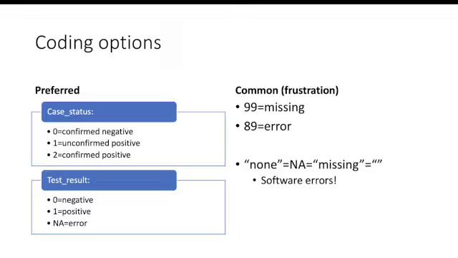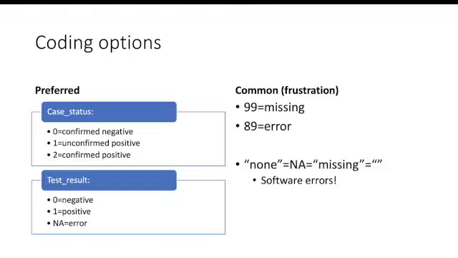Frustrating thing for me, in some software, it is considered normal that 99 or 900 indicates a missing value, and maybe 89 or 800 would indicate an error. This is not preferred because if your analyst is rushed and doesn't have time to look at the data first, remember, you should always look at the data first, but if you don't have time, you're rushing and you want to get some quick results out, you may have 99 reading as a number, and that's a problem.